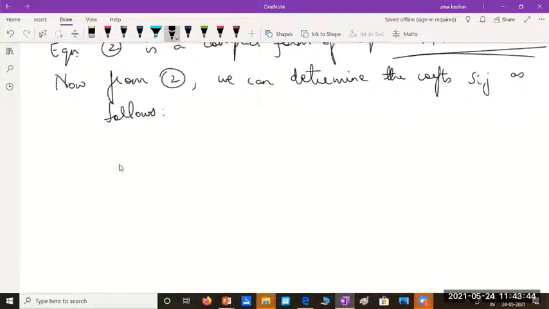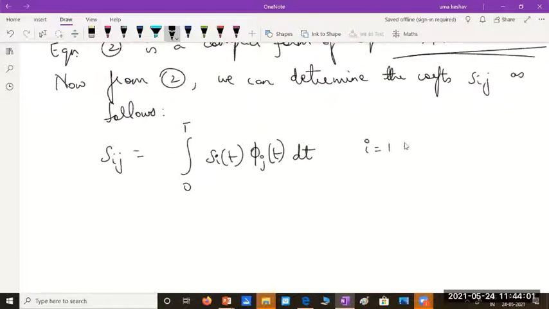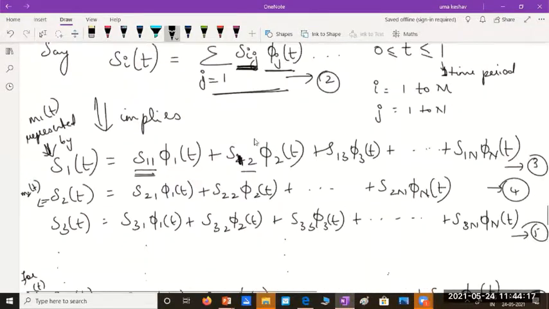You integrate. Let me say Sij would be integral 0 to T, left hand side was Si of t, that multiplied with phi j of t dt. If I integrate, I'll be able to get the value of the coefficients. So if you want, you can substitute and see if you are still having a doubt, but that is the best way.